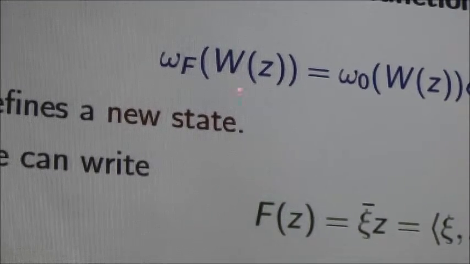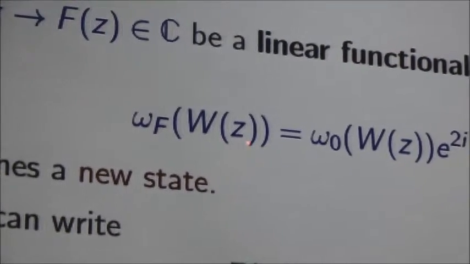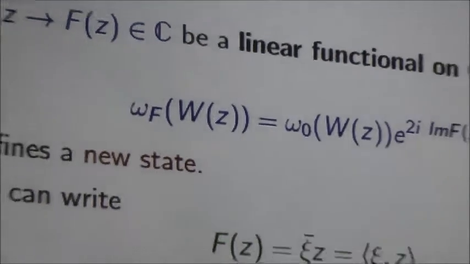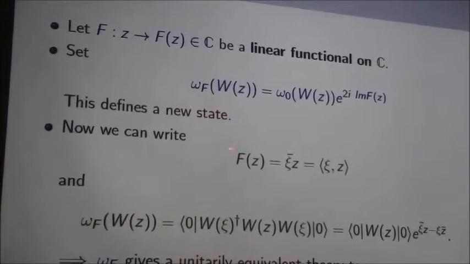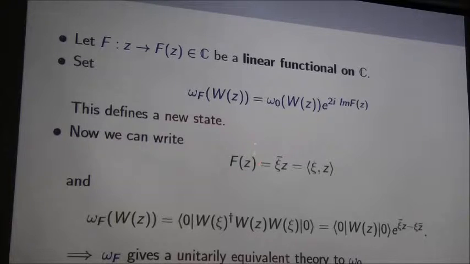What is this? In terms of standard quantum mechanical states, I can write that down by a well-known theorem in Hilbert space theory called the Riesz-Fischer theorem. Any linear function like this, f of z, can be written as the scalar product of z with a psi bar.